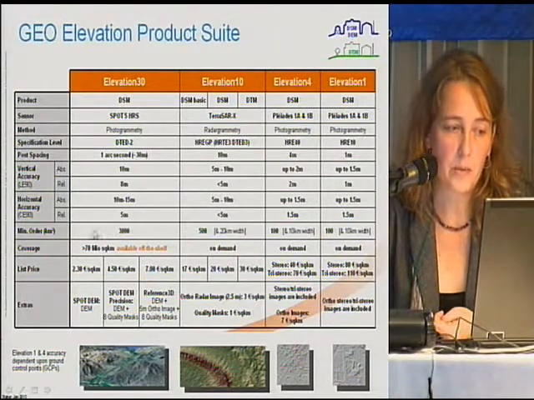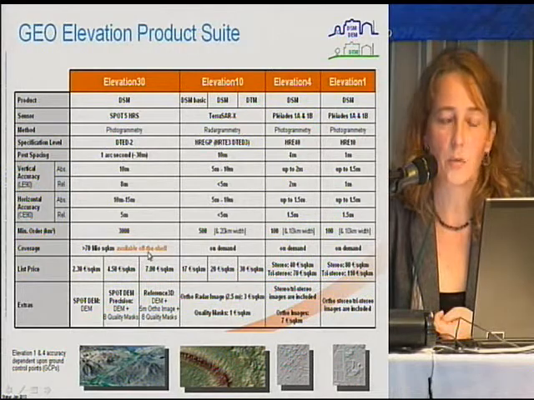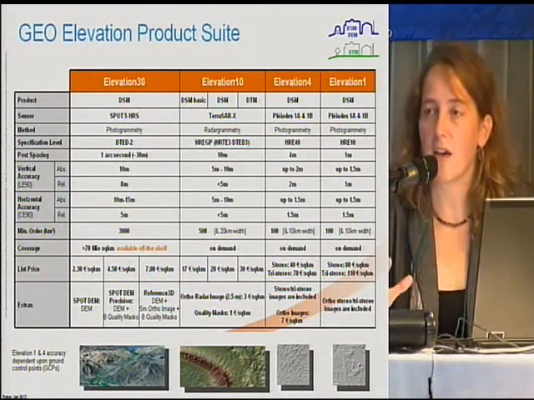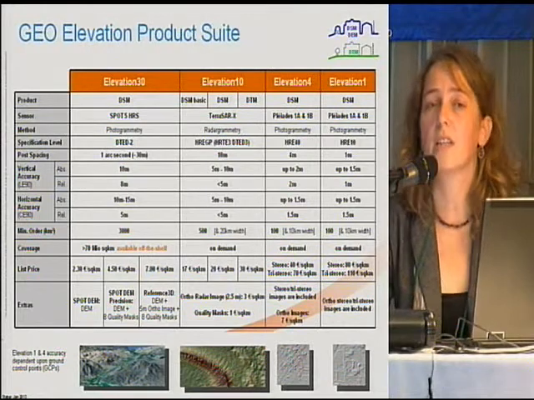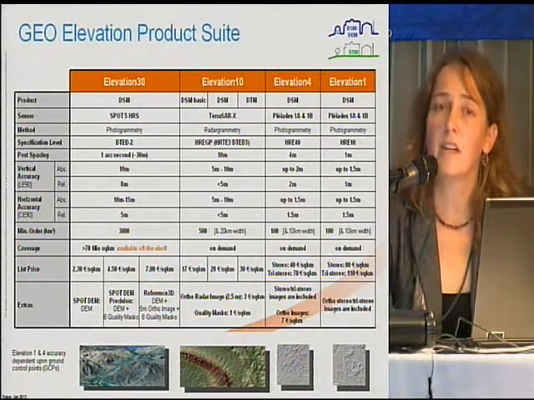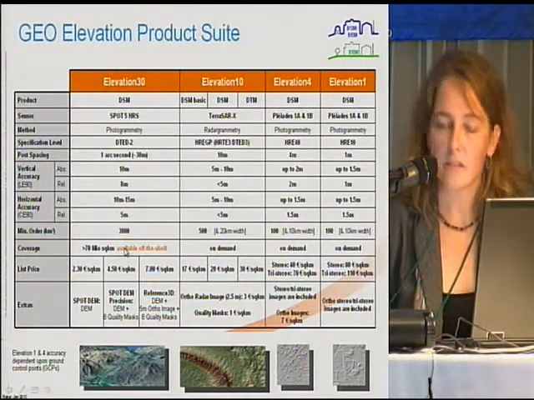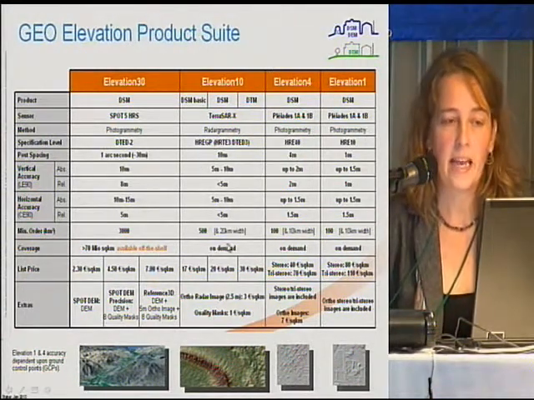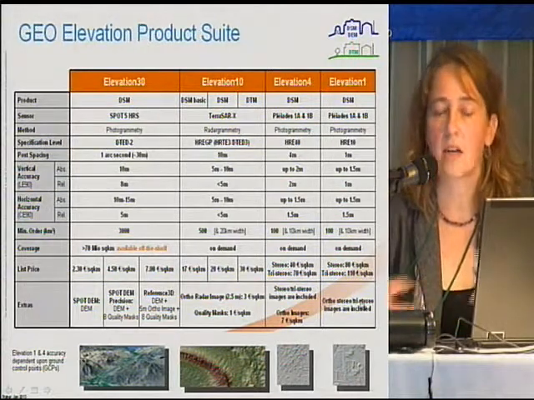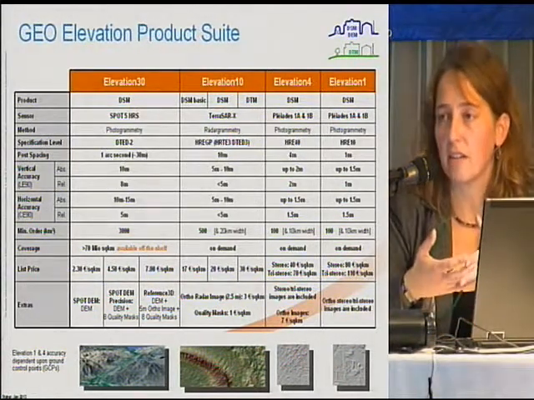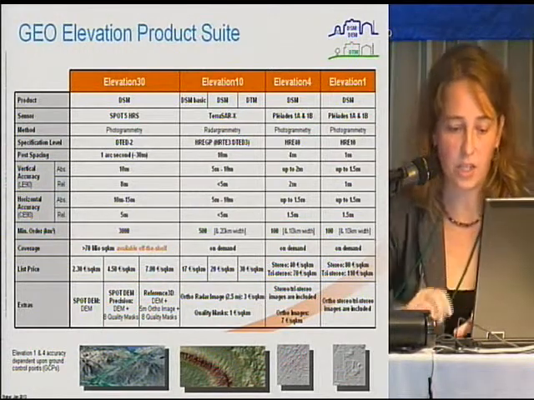And we provide one product really off the shelf, so that we can say we have a big portion, assuming that the world is 150 million square kilometer land mass. So half of it is right off the shelf available, and the other 3 products are available on demand. The advantage here is that you always get fresh data and the latest information.